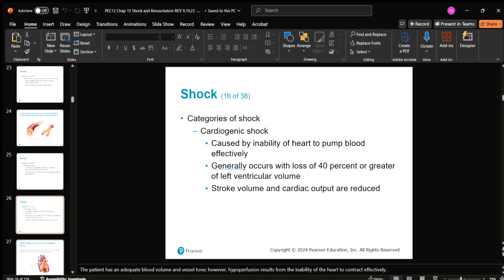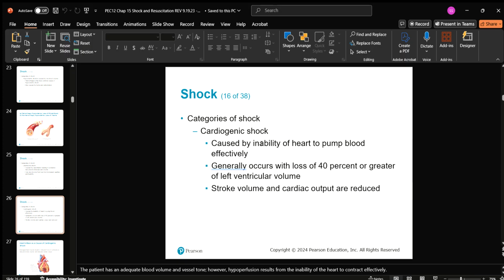What's another one? What does MI stand for? CHF, that's one. And myocardial infarction, which is a heart attack. So those are four reasons why we might go into cardiogenic shock, because of an inability of the heart to pump blood effectively.